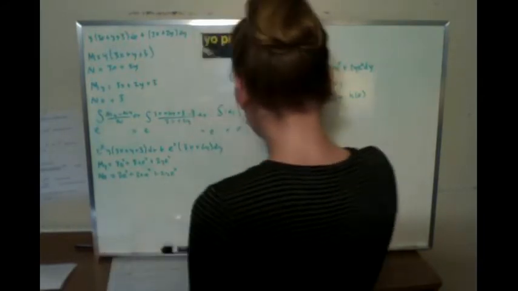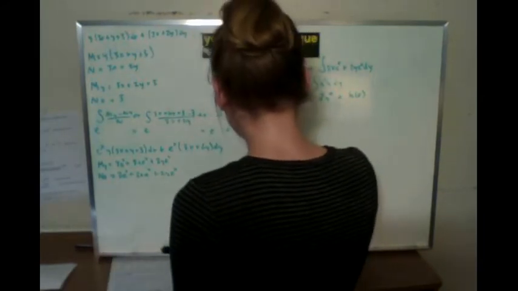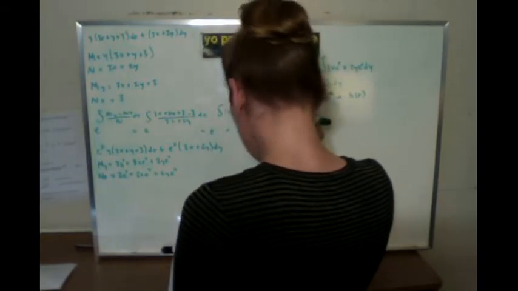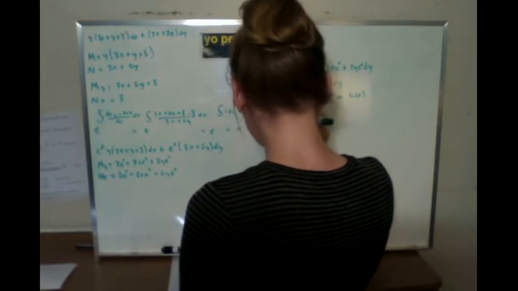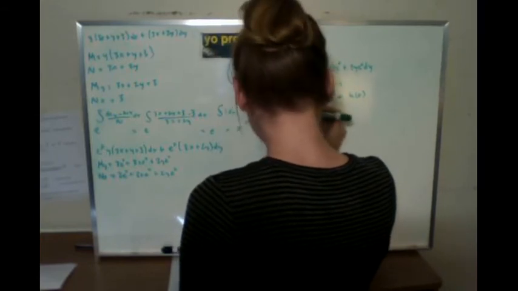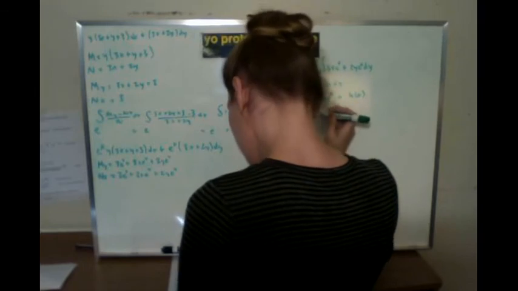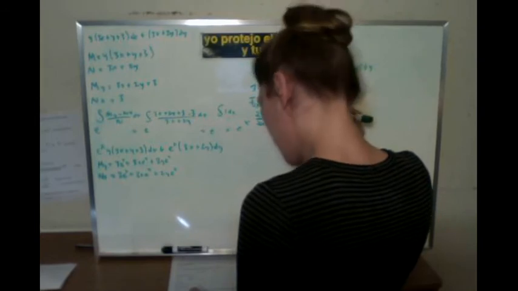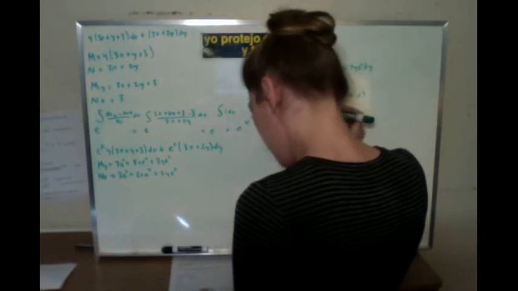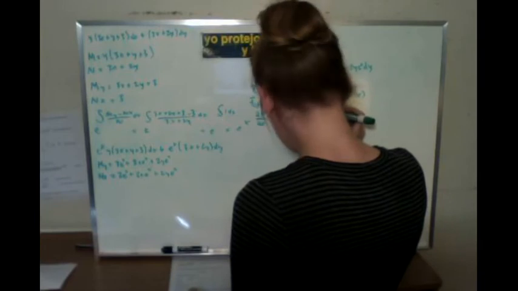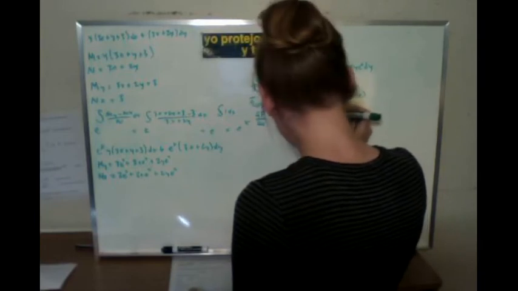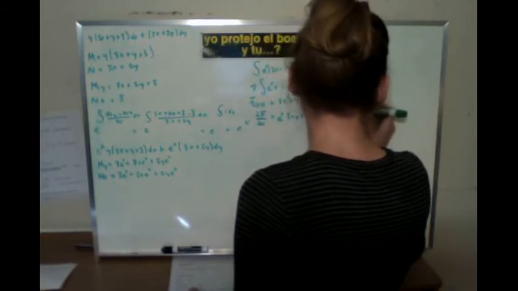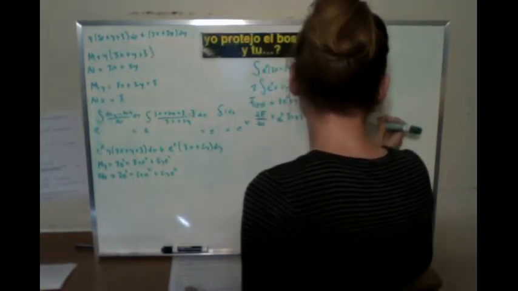This gives partial f with respect to x equals e to the x times 3xy plus 3e to the x times y plus e to the x times y squared plus h prime of x.